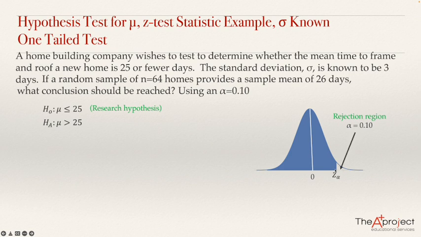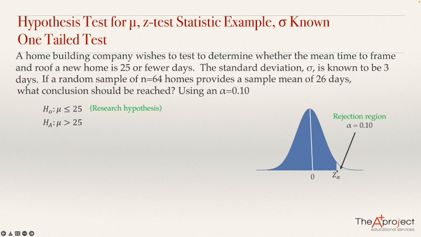And what we are going to do is to compute this z. You can use a standard normal distribution table and find which value of z divides the acceptance area from the rejection area. You can go to a table and find what value of alpha has 0.90.